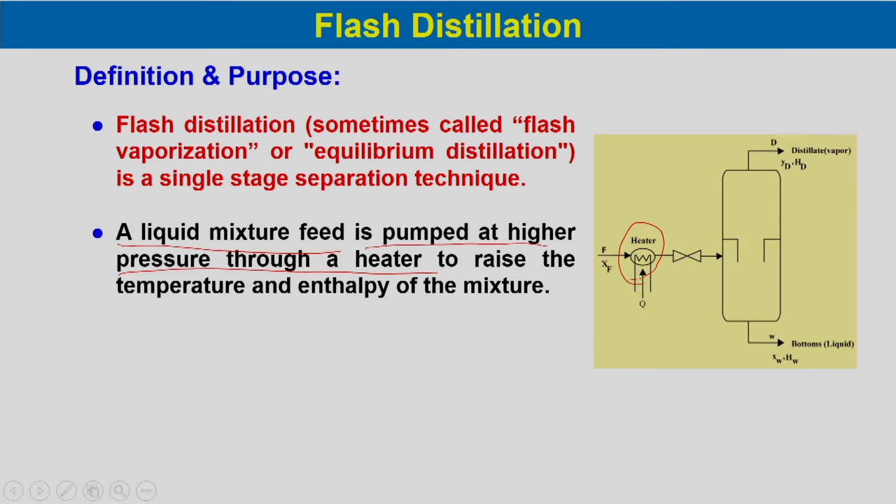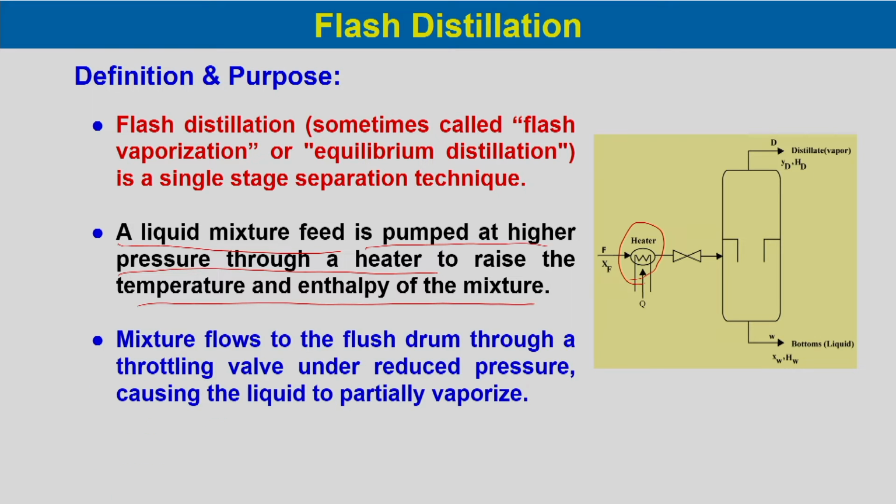There is a pump before it. In the heater it raises the temperature as well as the enthalpy of the mixture, and then the mixture flows to the flash drum through a throttling valve.